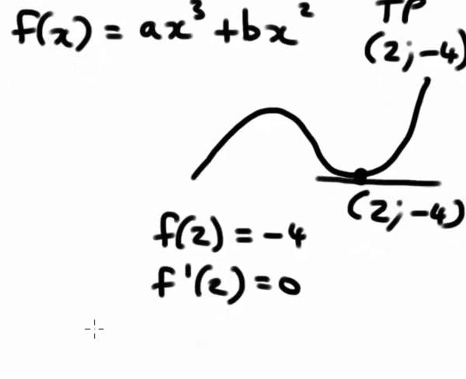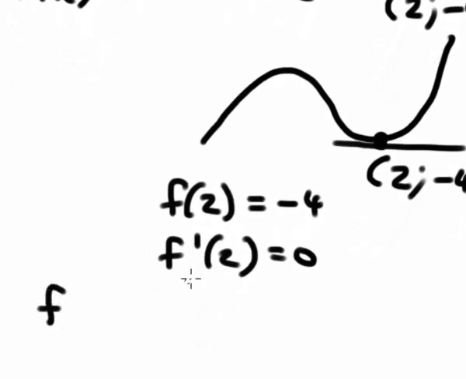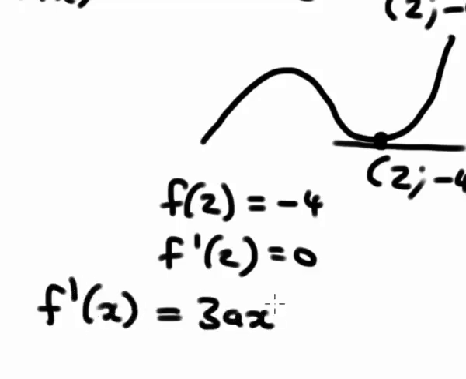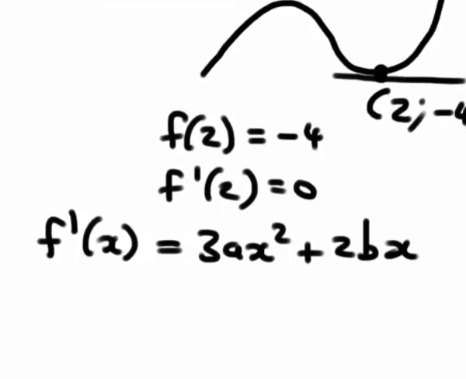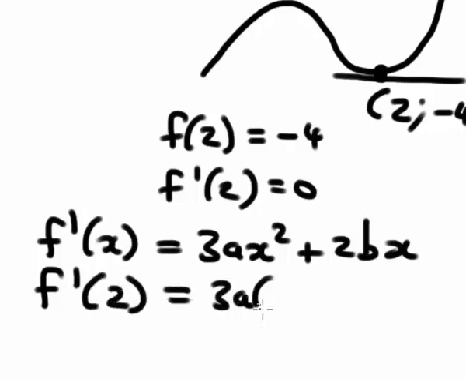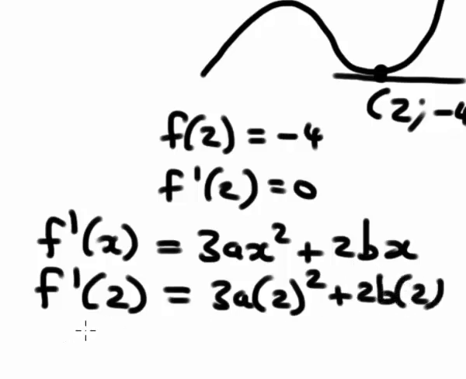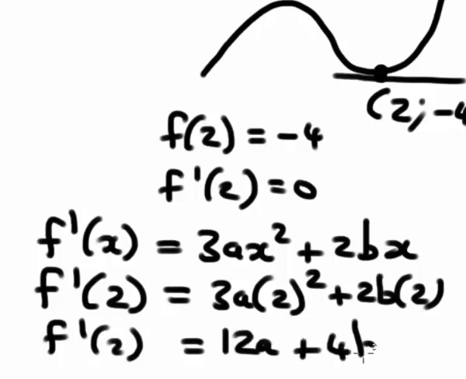So how do we do it? Let's do the derivative first. f prime x is 3ax squared plus 2bx. Now, you want to find the gradient at x equals 2, so let's plug it in. That's going to give you 4 3s are 12a plus 4b.